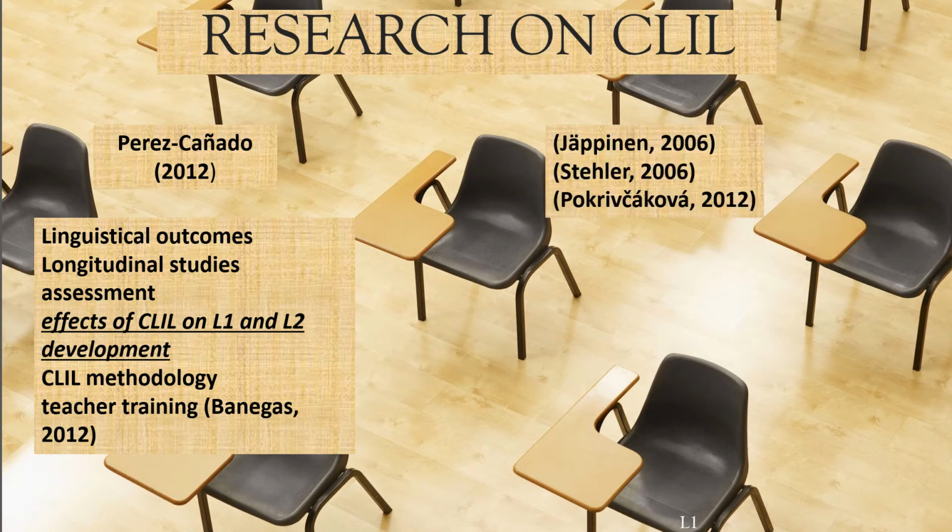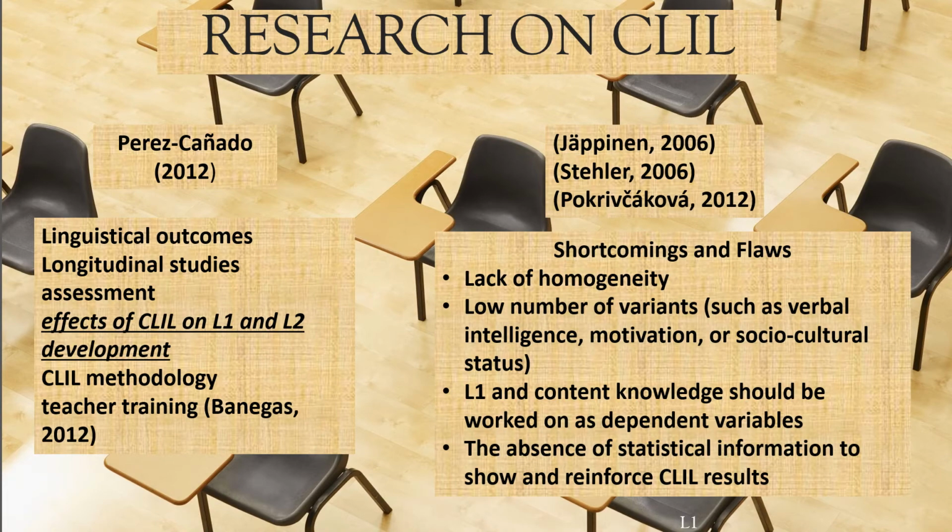Additionally, previous research has shown shortcomings and flaws, such as the lack of homogeneity in the samples, the low number of variables, such as verbal intelligence, motivation, or socio-cultural status, taking into account that L1 and content knowledge should be worked on as dependent variables. And finally, the absence of statistical information to show and reinforce CLIL results. For example, the effect of CLIL on the L1 or subject content acquisition should not be based on teachers' appreciation, but on empirical analysis with different types of variables.